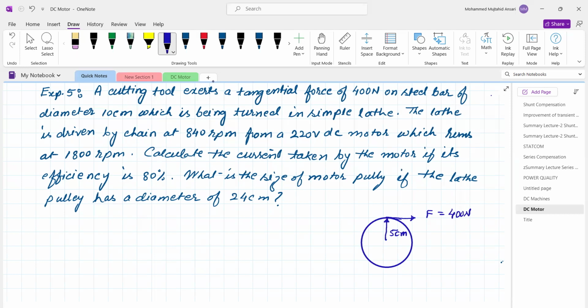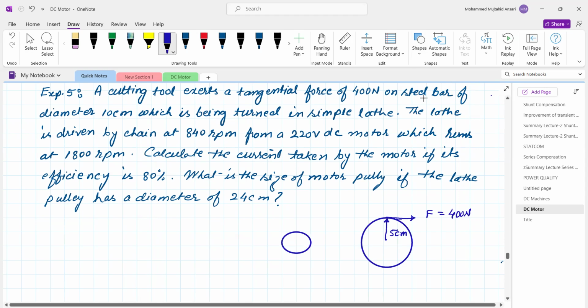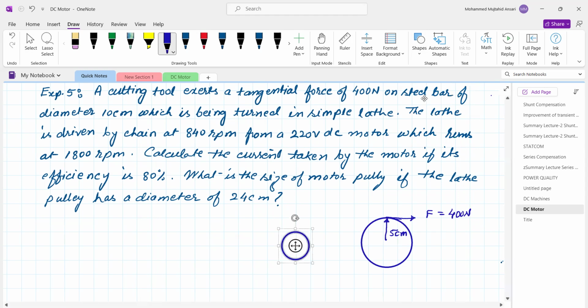It means that the diameter of the pulley which is connected over the motor is definitely less than the diameter of the pulley which is connected on the lathe machine. Now we will find out whether this assumption is correct or wrong.